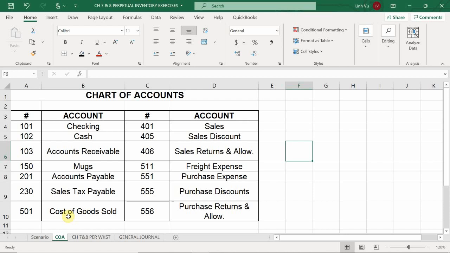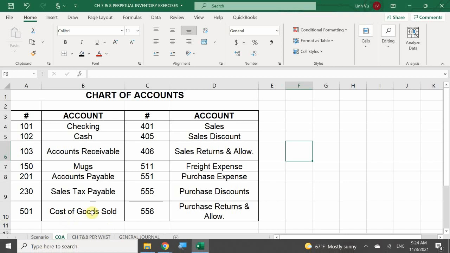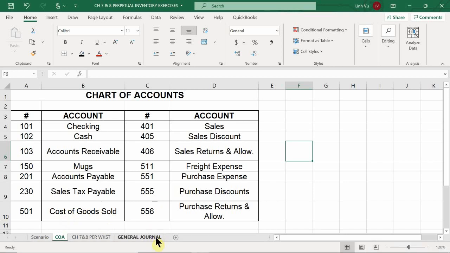In this case, they owe us money, so we need to reduce the money that they owe me. Is it also sales returns? Sales returns and allowances, good. And what else do you have to give back? Sales tax. You have to give back the sales tax, right? So that's exactly what we're going to do.